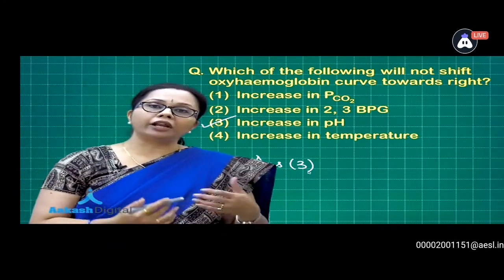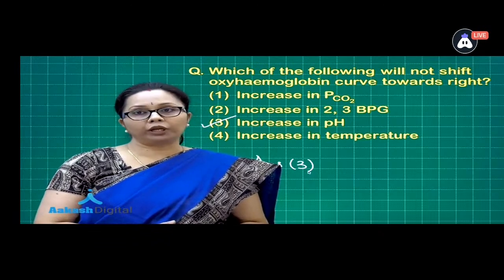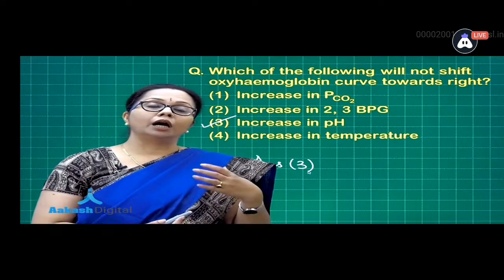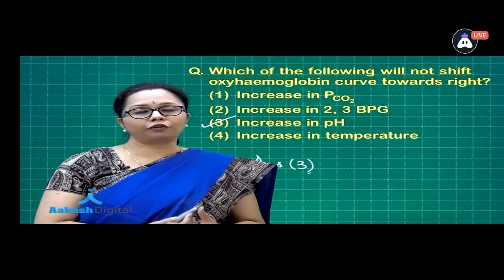Now let us consider another pigment that we have, that is myoglobin, and what kind of difference it has from hemoglobin.